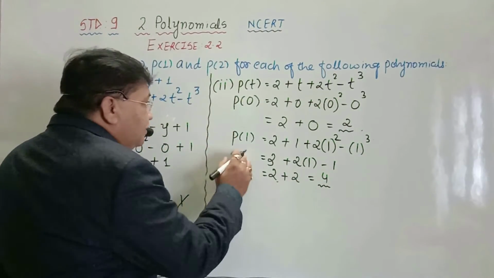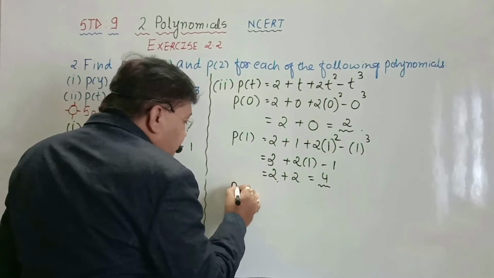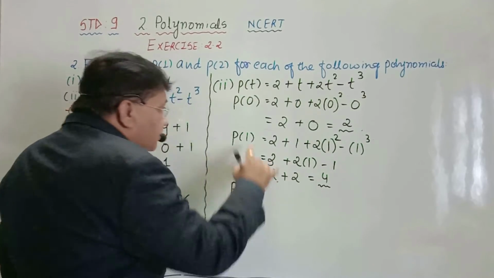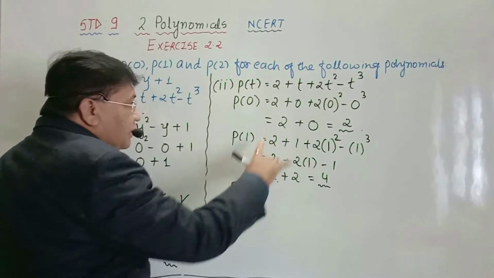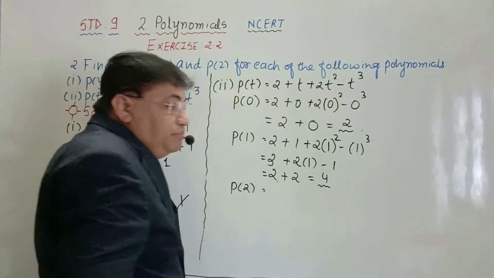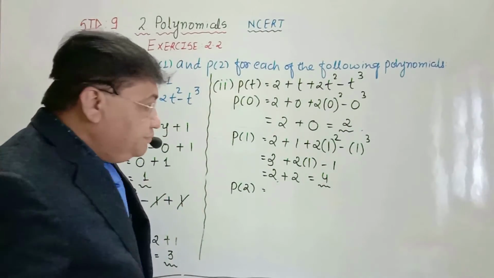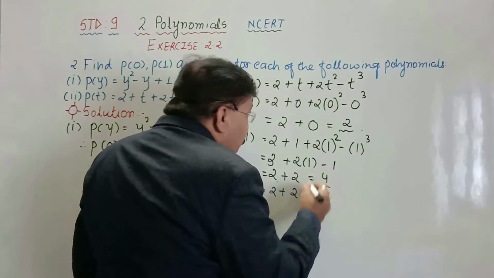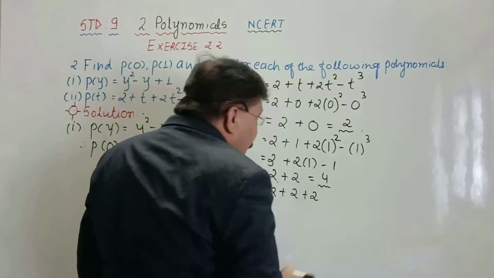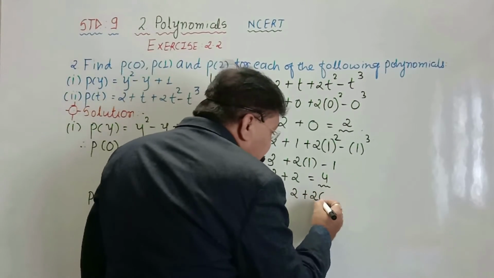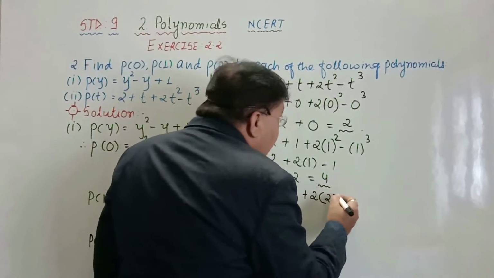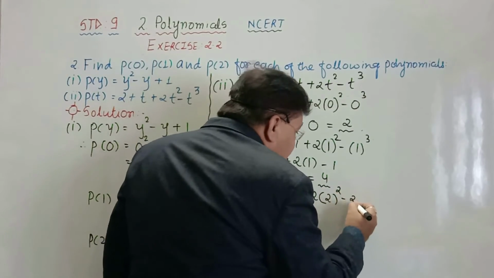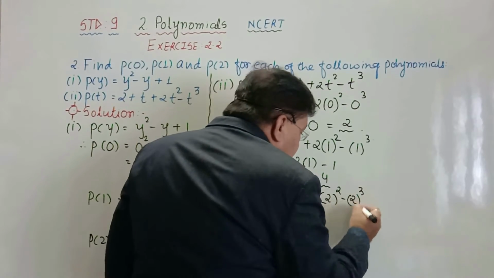Now we find the value of P2. In the RHS, in place of t, we write 2. 2 plus 2 plus 2 into, again here we make a bracket, 2 square minus 2 cube.